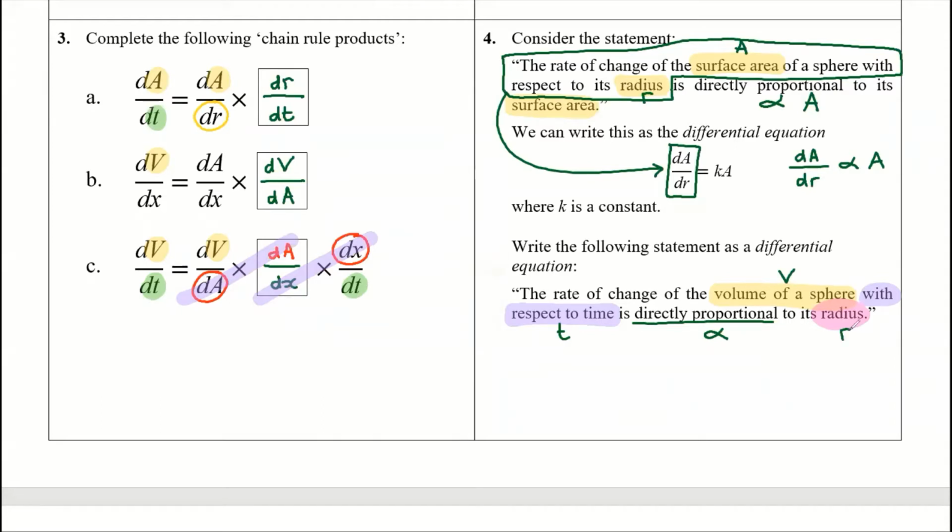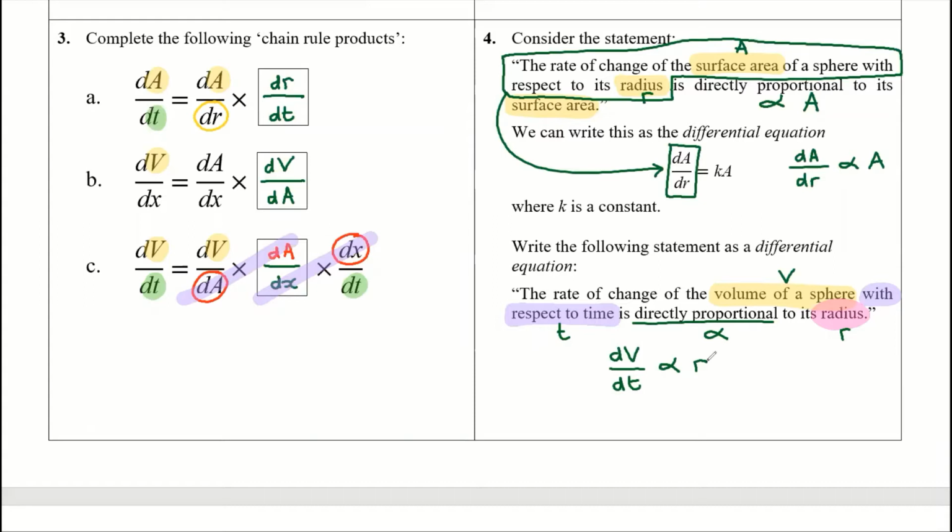So let's write that as a differential equation. The derivative part is the rate of change of the volume with respect to time, so that's my dV by dt. That's the first part of the sentence. Is directly proportional to, so I'm going to put the proportional symbol there, the radius r. And there we've got not a differential equation yet, but we've got the mathematical symbols established.